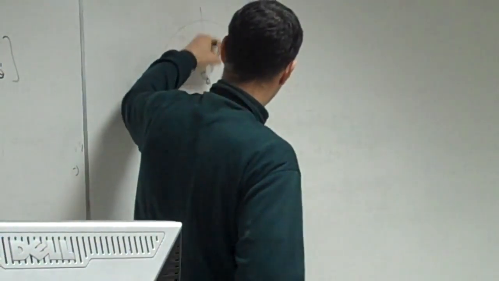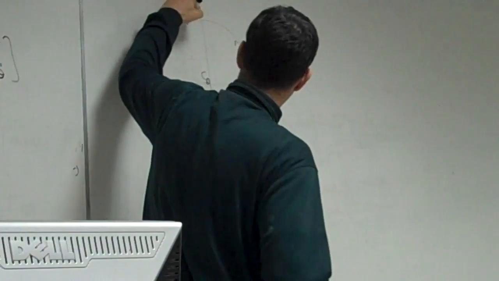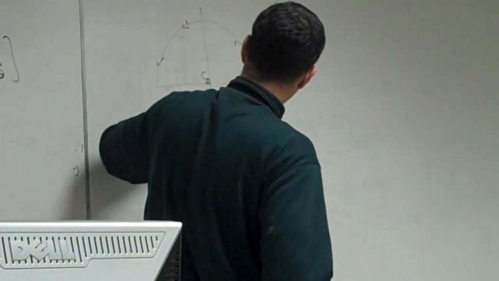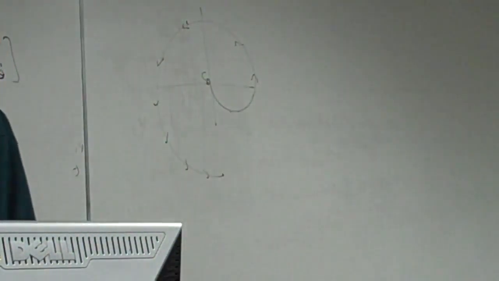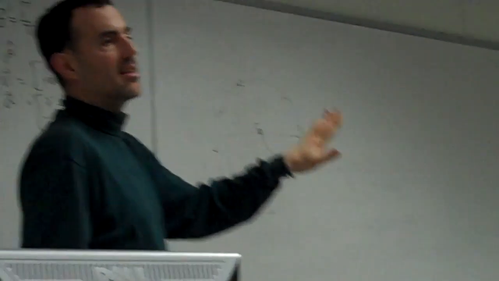Is the distance r from the center, as the object moves along this path, a constant or not? No. r is not a constant. So therefore r dot, r double dot, that stuff is not 0.